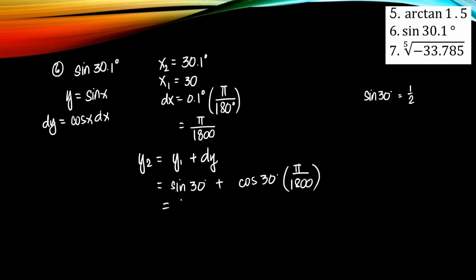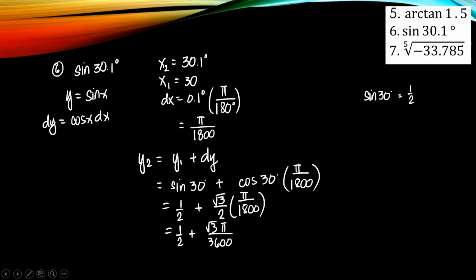So this one, you know the answer, it's 1/2. This one, you know that the answer is the square root of 3 over 2. This one is pi over 1,800. So 1/2 plus square root of 3 pi over 3,600. Okay, so basically, guys, that is the approximation.